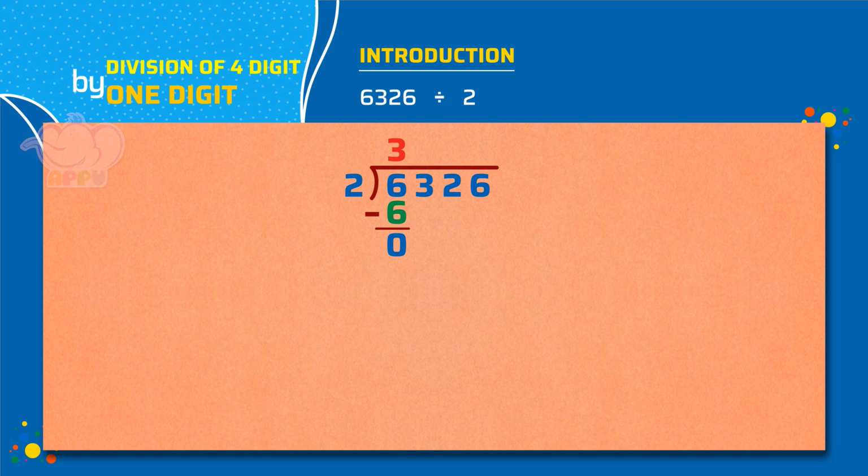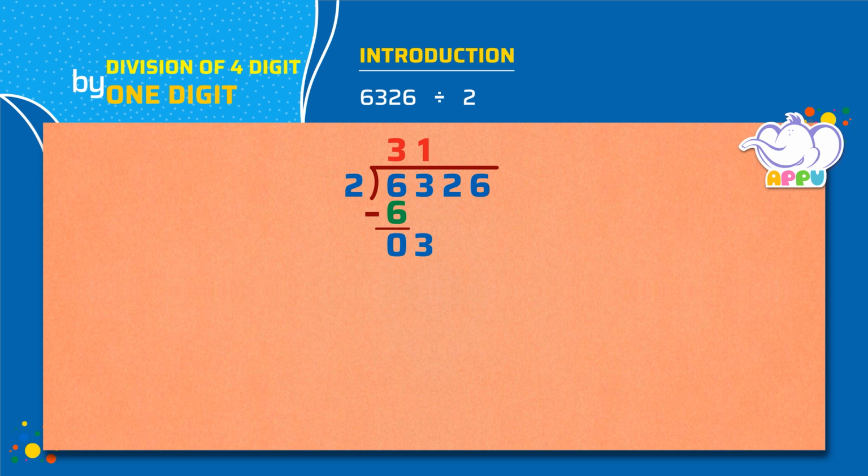Step 4. Next, we bring down the number in hundreds place, which is 3. So the number now is 3. We repeat the steps. We divide again. We figure out how many 2's does it take to make 3 or almost 3, which is 1.